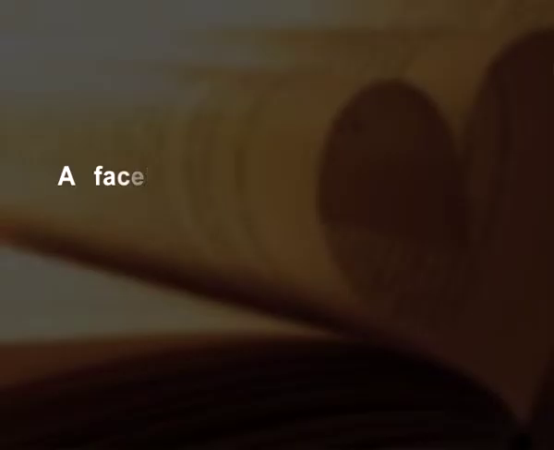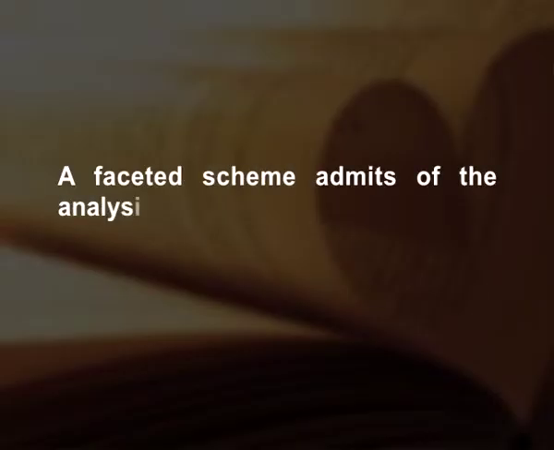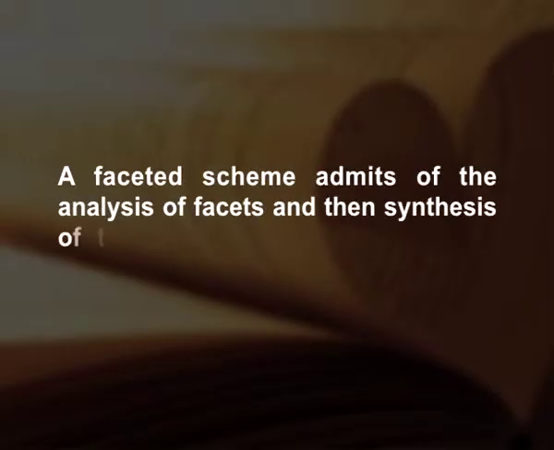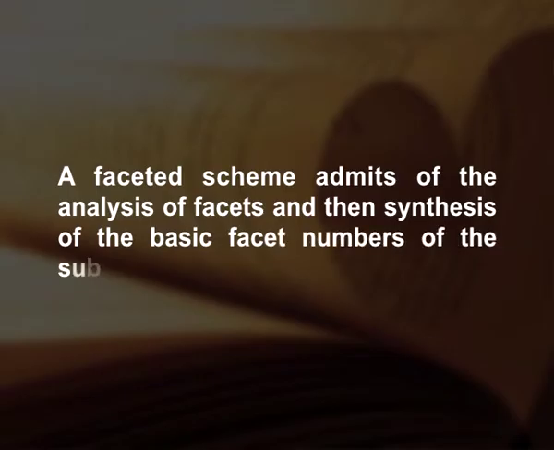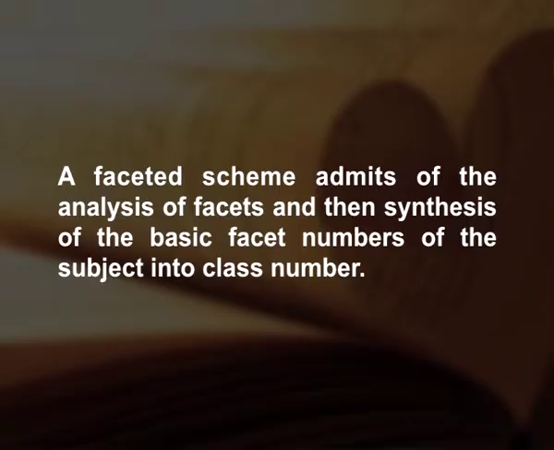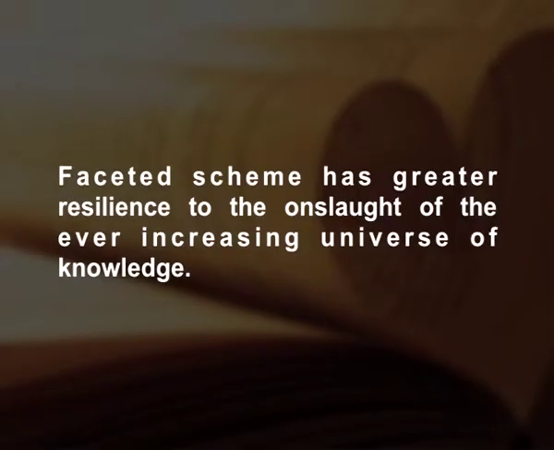Thus, a faceted scheme admits of the analysis of facets and then synthesis of the basic facet numbers of the subject into class number. A faceted classification scheme provides meaningful connecting symbol for each facet. The merit of the faceted scheme is that it has greater resilience to the onslaught of the ever increasing universe of knowledge.